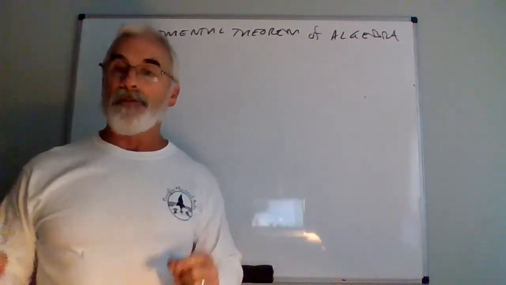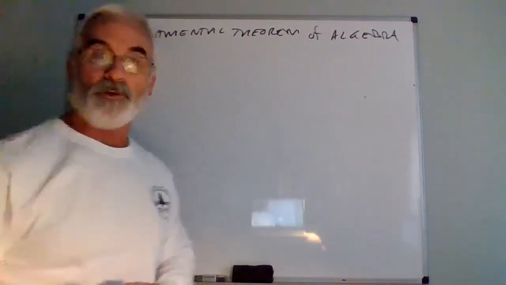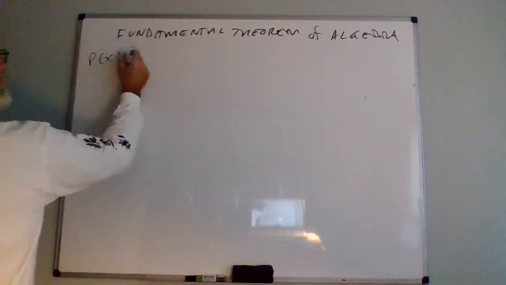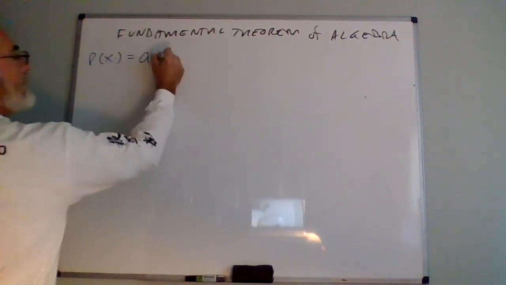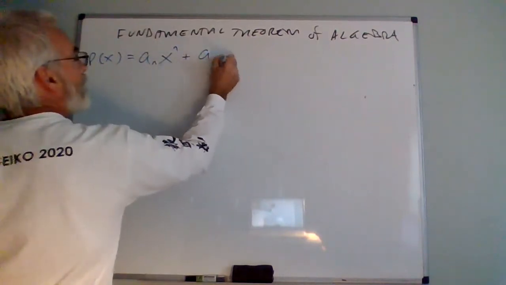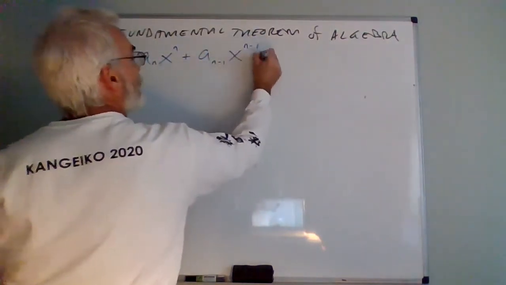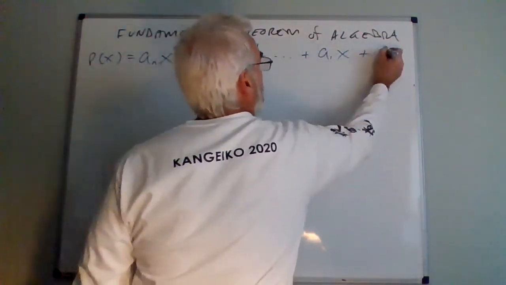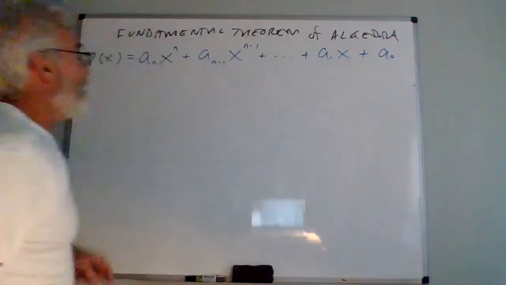I have an nth degree polynomial function. So we'll call it P of x, P for polynomial. And P of x is a sub n x raised to the nth power plus a sub n minus 1 x to the n minus first, continuing all the way down to a1 x to the first plus a0.